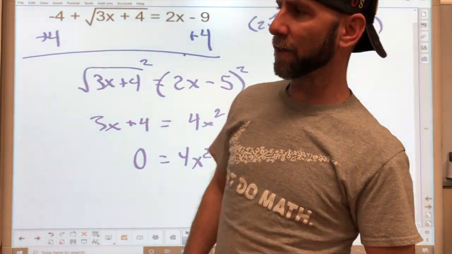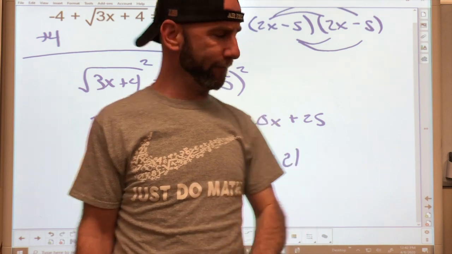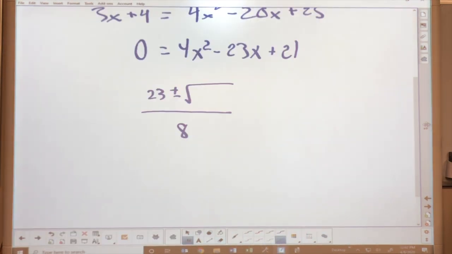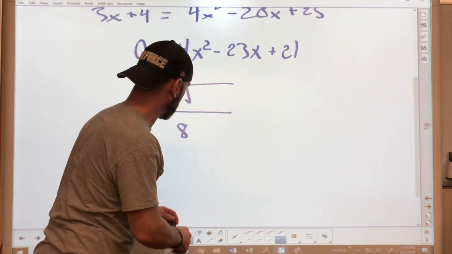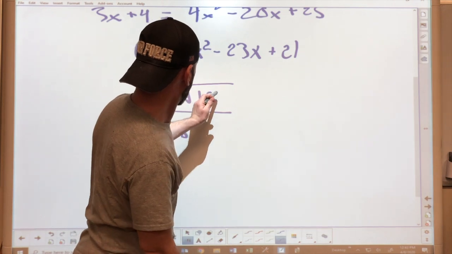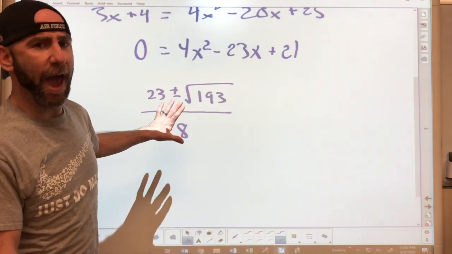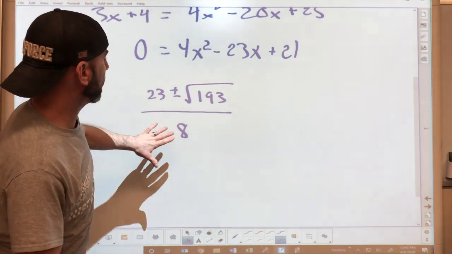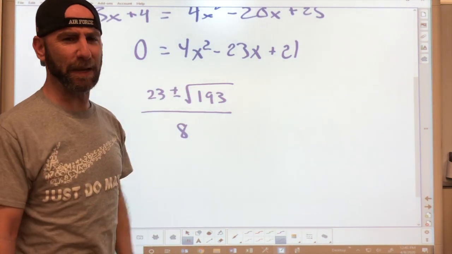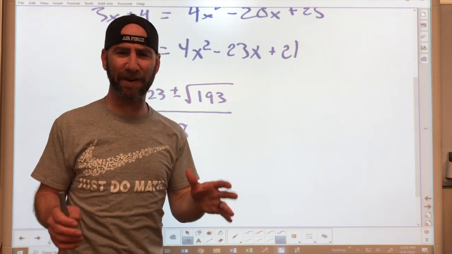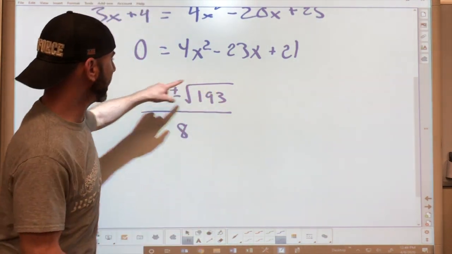I recommend the quadratic formula. This is what you're going to have with the quadratic formula. This is not going to be something that simplifies very nicely. So this is our answer right here.